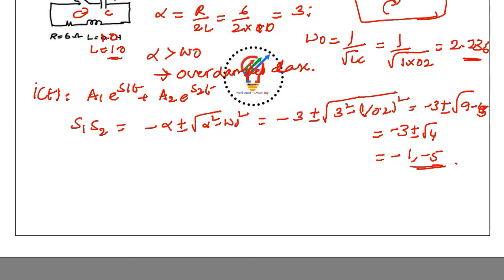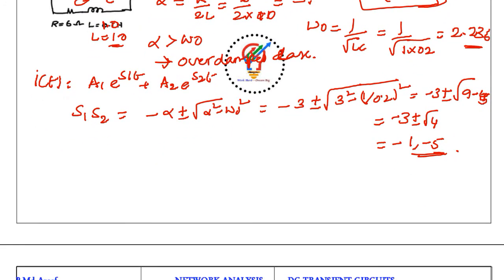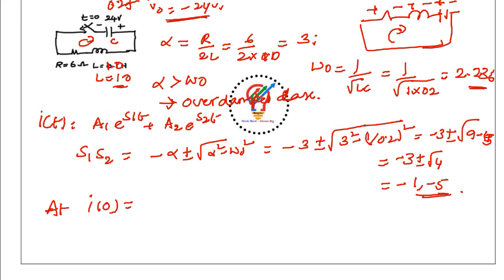Now we have the roots s1, s2. So now we want to find the values of A1 and A2. In order to find A1, A2, we will take the initial conditions. At i of 0, before closing the switch, the network is considered to be in steady state.